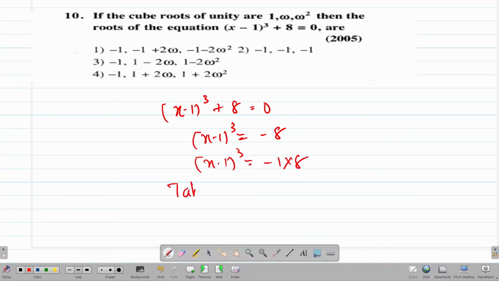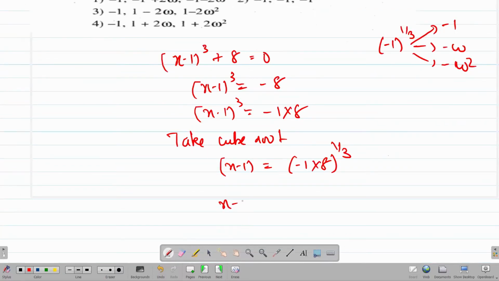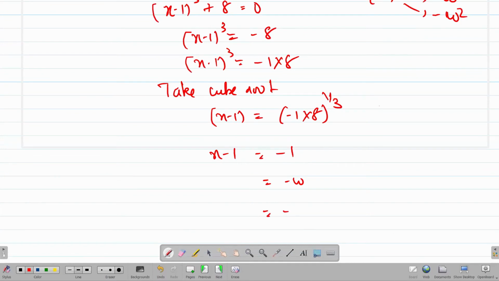Now just take the cube root of both sides. The left hand side becomes x minus 1, and on the RHS I get minus 1 into 8 to the power 1 by 3. As I already told you, the cube roots of minus 1 are minus 1, minus omega and minus omega square, and the real cube root of 8 is 2.